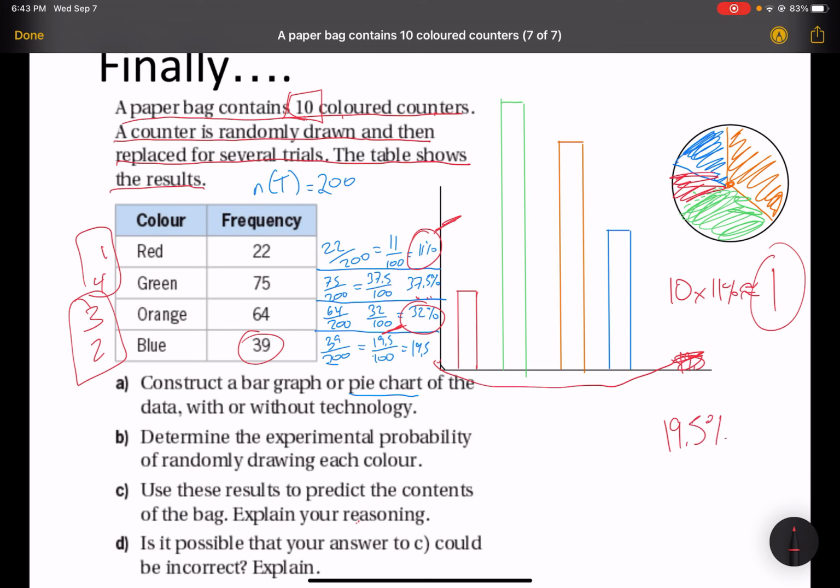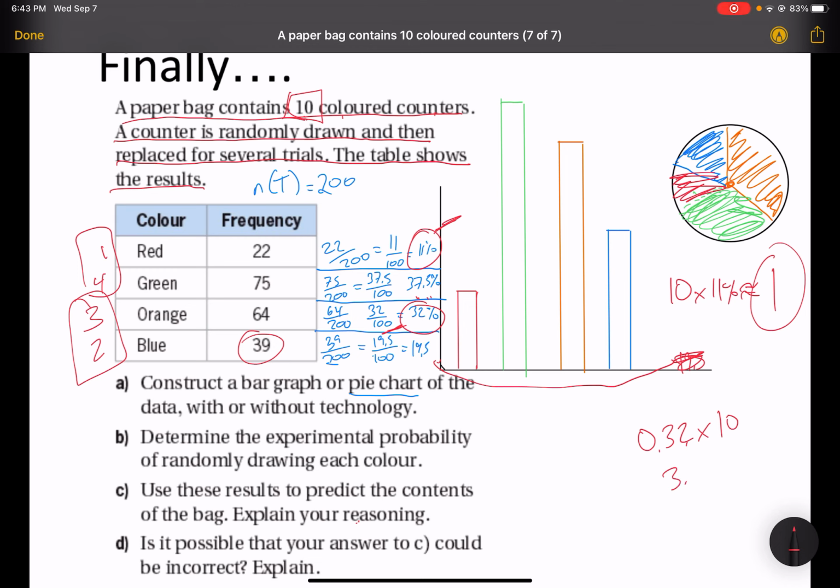Same thing with 32%. 0.32 times 10, that's 3.2, right? In order for it to be 4, you have to have so much more, right? You have to have how many more tosses? If it was 4, it'd be 40%.